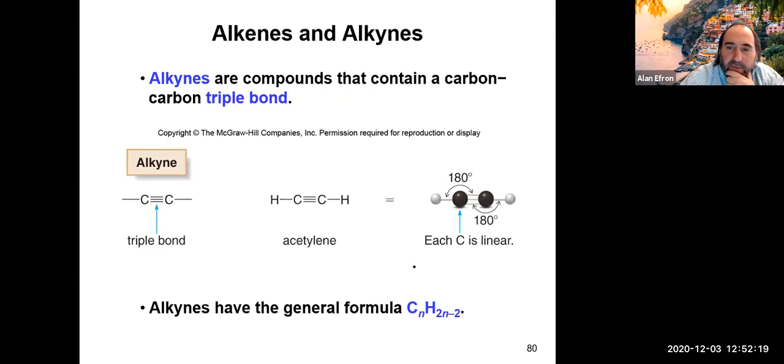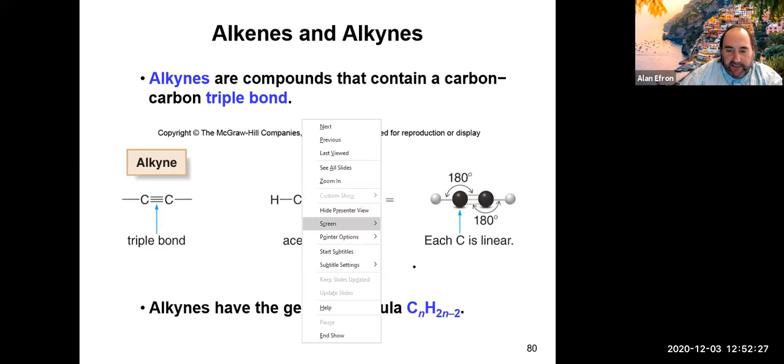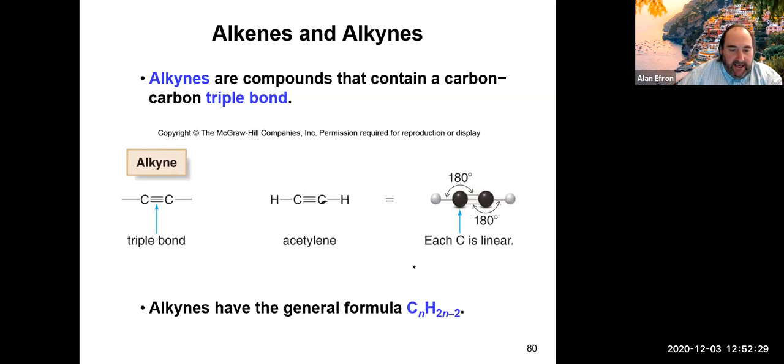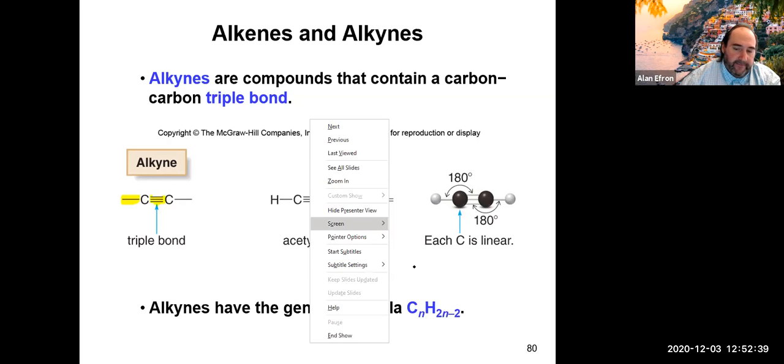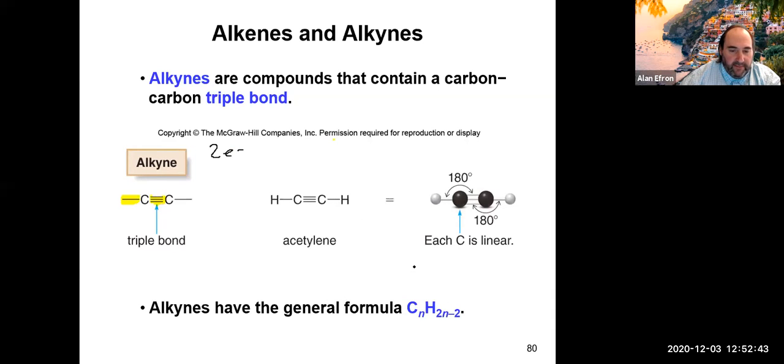Alkynes, as well, are our triple bonded guys. And again, with that triple bond, we get a change in geometry as well. If we look at our carbon on the left here, we have one electron pair. We also have a triple bond, which only counts as one electron pair. And that means that we basically have two electron pairs.